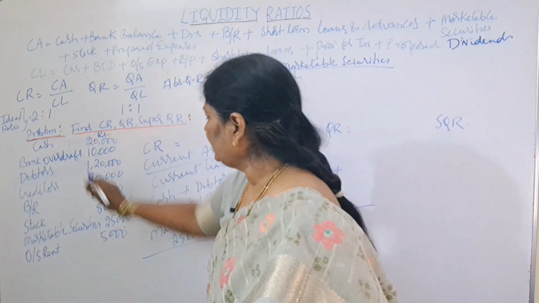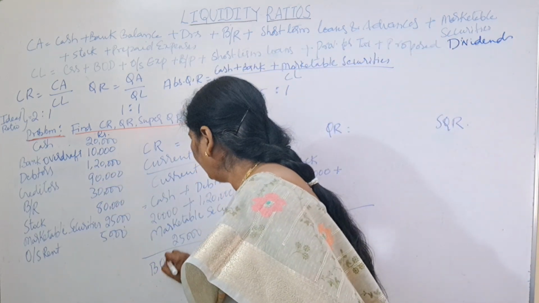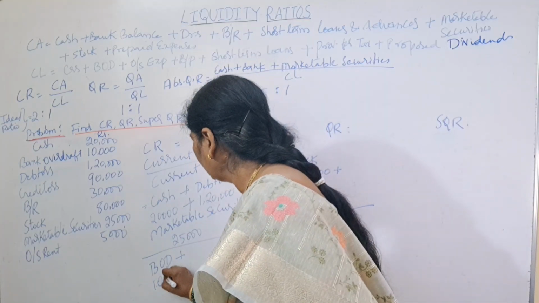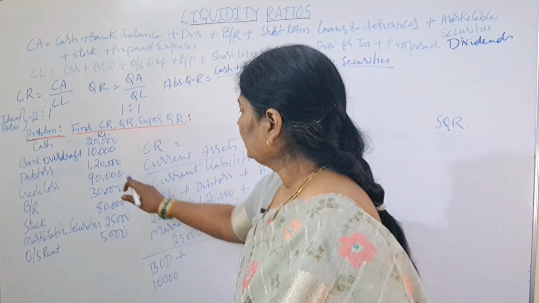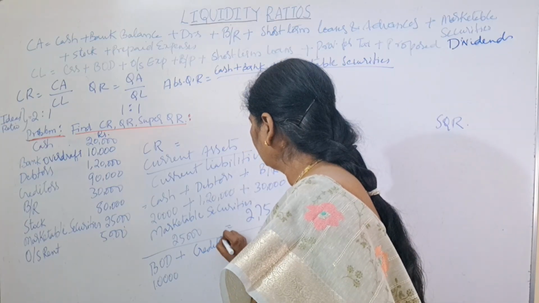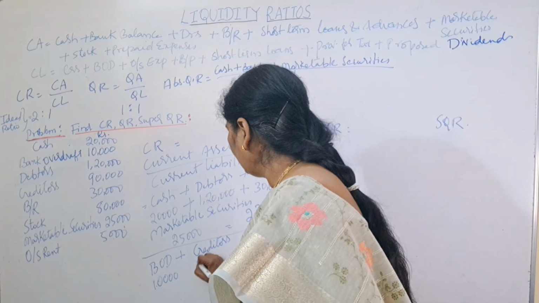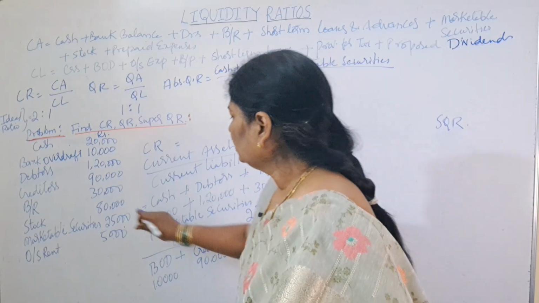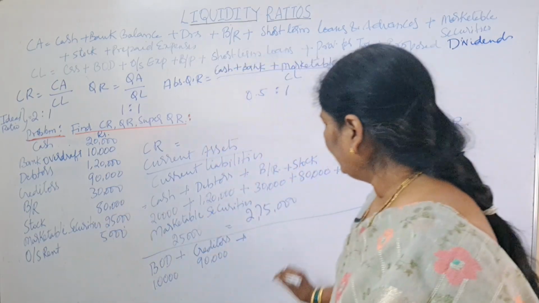What are current liabilities? Bank overdraft plus creditors. How much? 90,000. Next, outstanding rent.